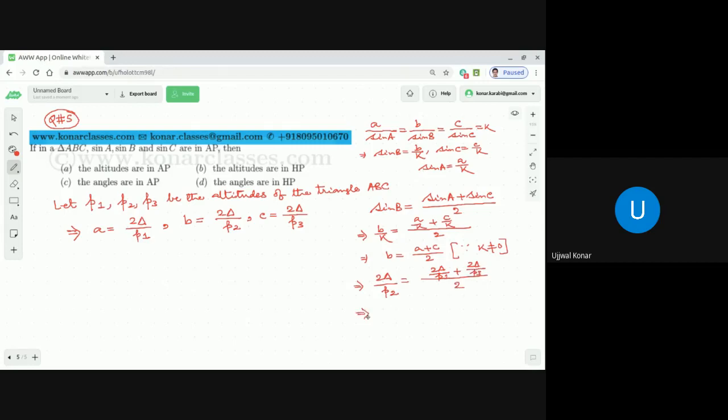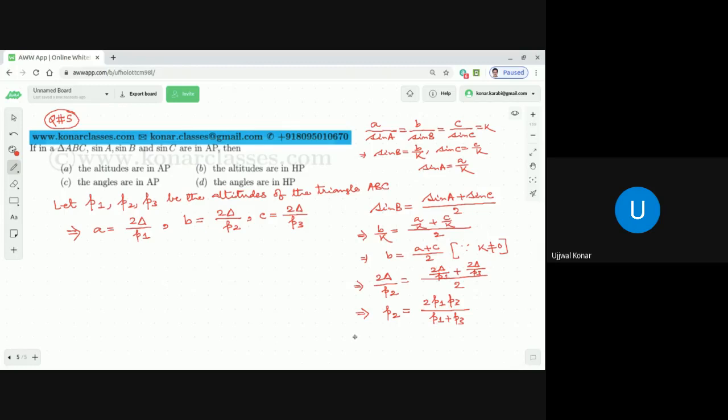We can cancel 2 delta, and if you simplify, you will get P2 is equal to 2 P1 P3 divided by (P1 plus P3). Obviously, P2 is the harmonic mean between P1 and P3.